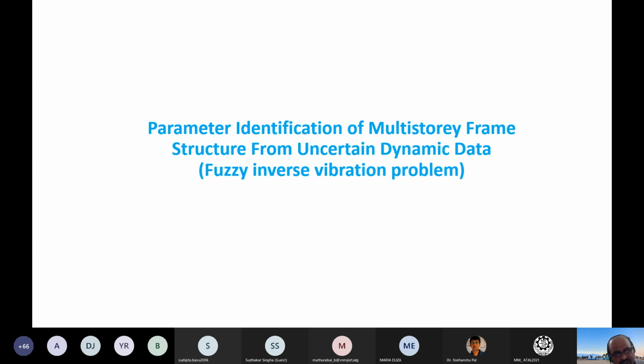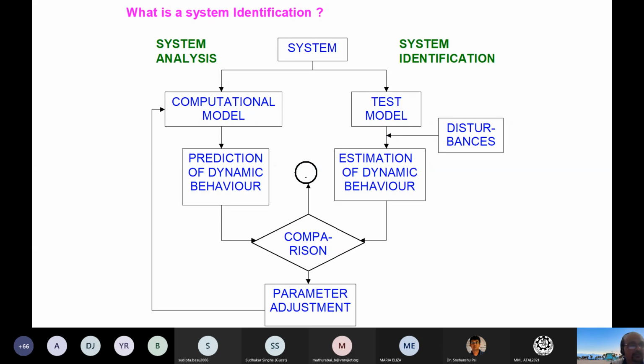I will just give an example before this. What is system identification? I will give an example from day-to-day life, that estimation problem. Suppose I have fever. If I have fever, I go to a doctor, and the cause of that fever is what we have to diagnose.